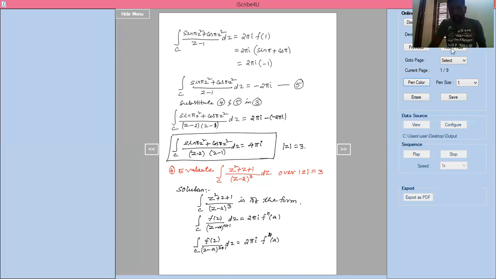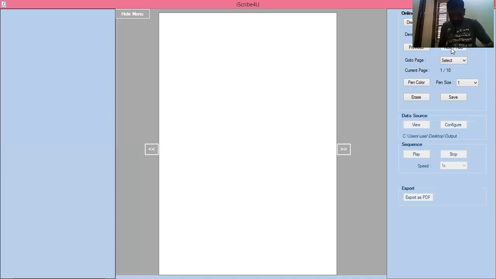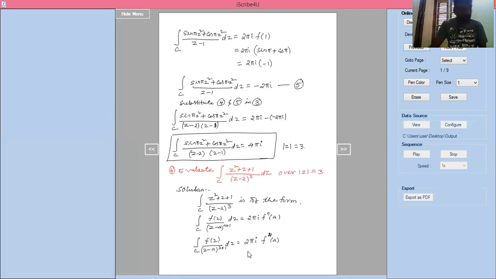Now if I simplify this, f of z is what we know. The integral over C of (z square plus z plus 1) divided by (z minus 2) whole cube dz equals 2 pi i divided by, here I have missed one term also, 2 pi i divided by n factorial has to come here in the formula.